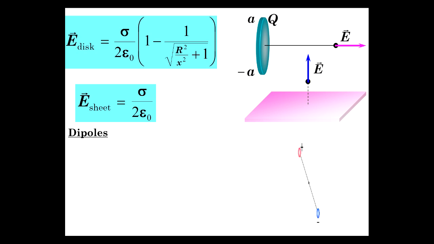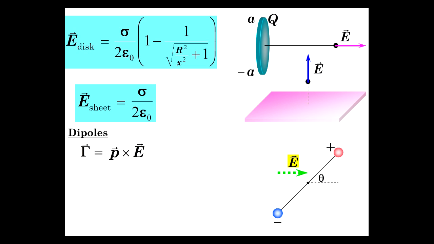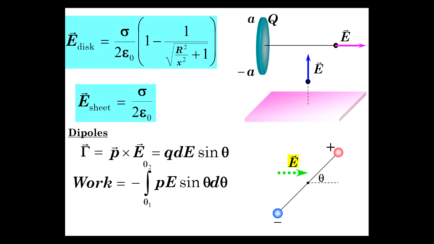And then we discussed dipoles. So an electric dipole in an electric field, E, looking like this. Now torque is p cross E, where p is the electric dipole moment, qd, times E sine of theta. The work done by the electric field in rotating the dipole from theta 1 to theta 2 is given as follows, with the negative sign here.